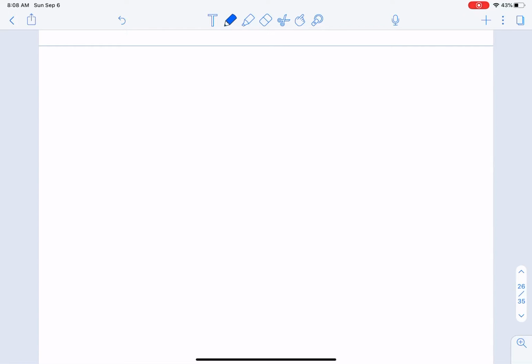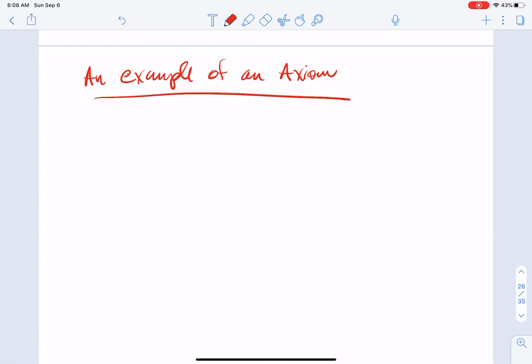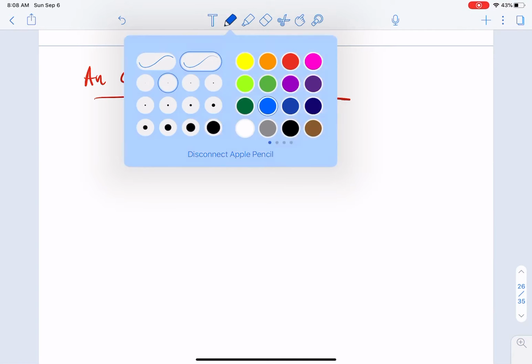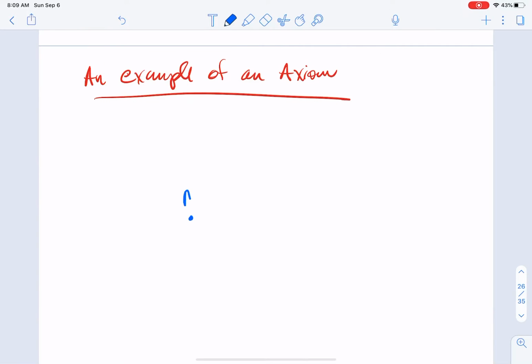It's something that's just obviously true. So I'm going to draw 2 points, and I name them A and B. And then I ask, okay, so through these 2 points, how many lines can I draw?